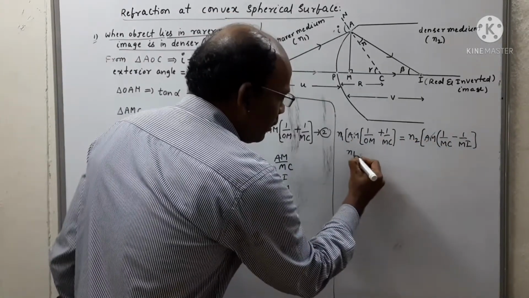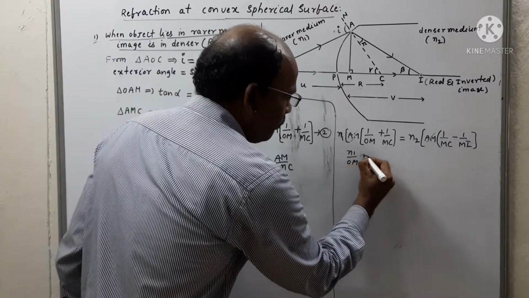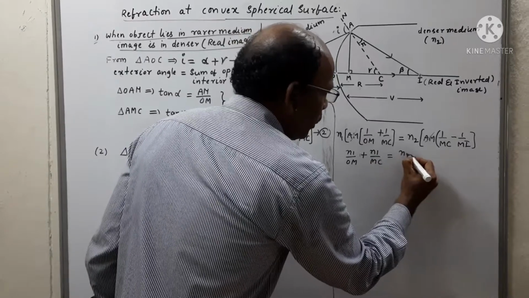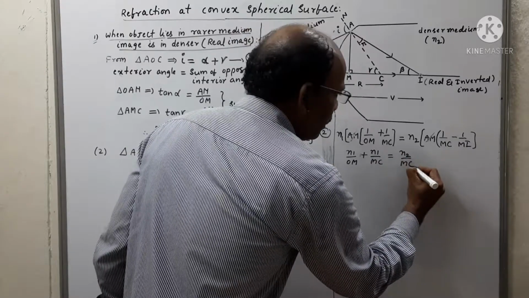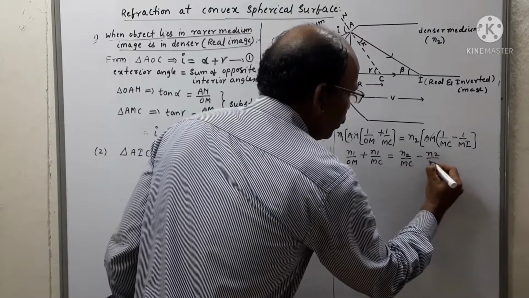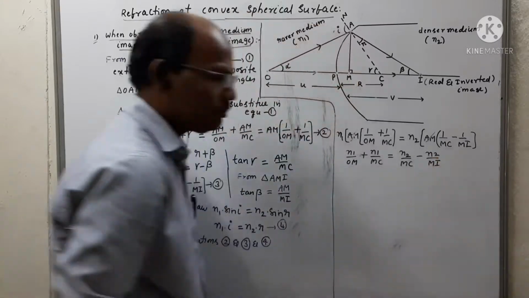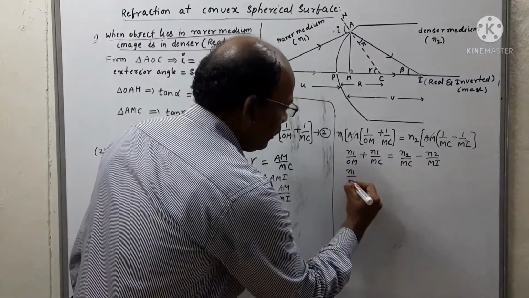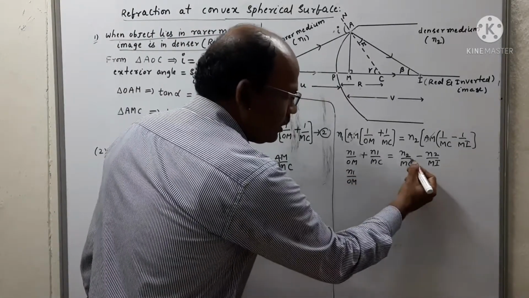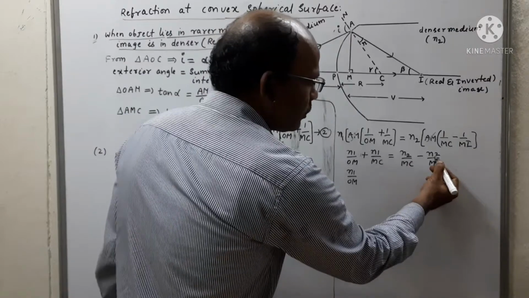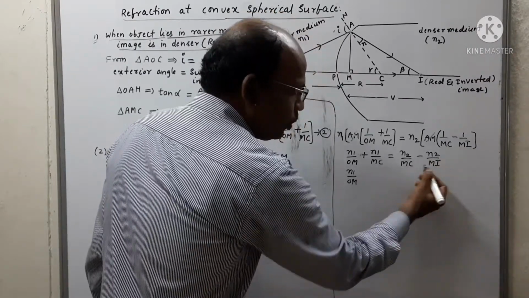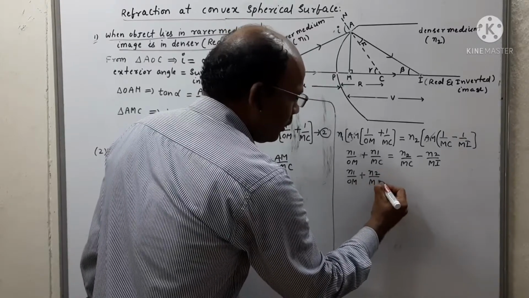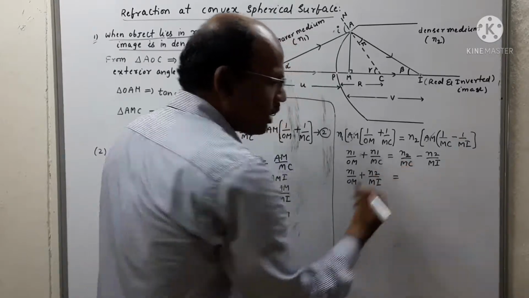And finally N1 by OM plus N1 by MC is equal to N2 by MC minus N2 by MI. Clear? Then we can write N1 by OM. So this is N2 by MI. So this is positive.